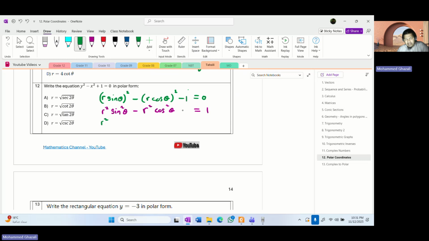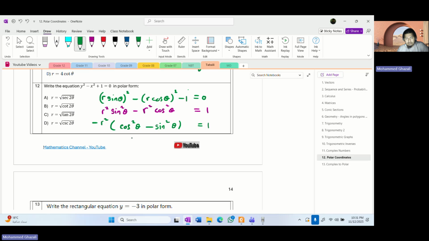We can see sine squared minus cos squared. That's not an identity. But cos squared minus sine squared, that's a double angle. So take out negative r squared, right? So we get, take out negative r squared from here. We're getting cos squared theta, and take this and divide by negative r squared. You get negative sine squared theta. So now we see that this part over here is a double angle.